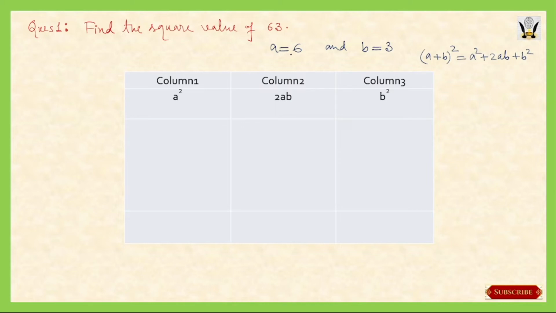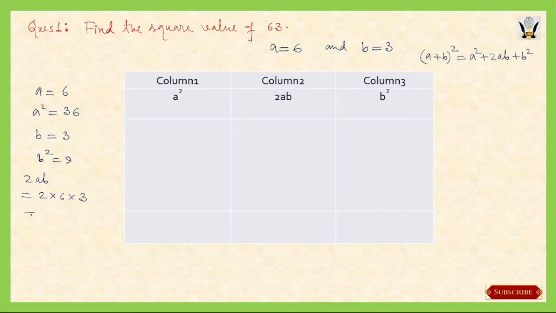Now in our case, a is equal to 6. So what will be a square? Easily we can find it, because this is a single-digit number, so it will be 36. b in our case is 3, so b square will be 9. And what will be the value of 2ab? 2ab will be 2 multiplied by a, which is 6, multiplied by b, which is 3.